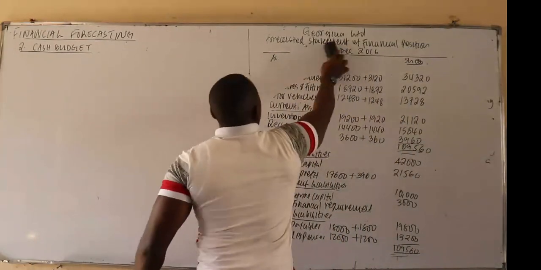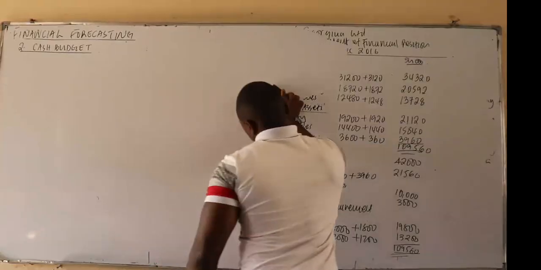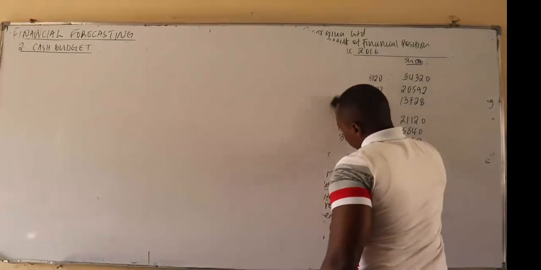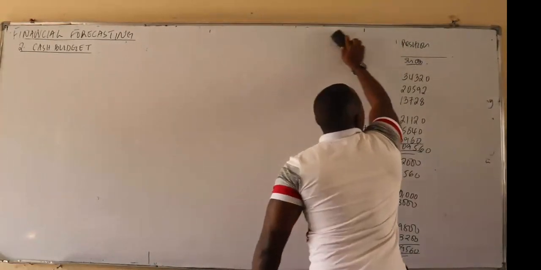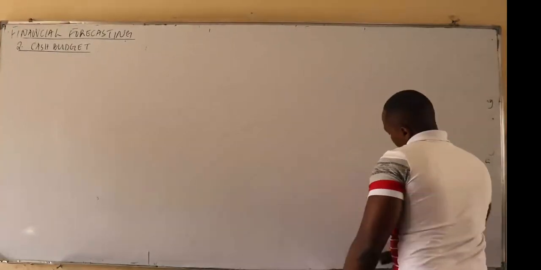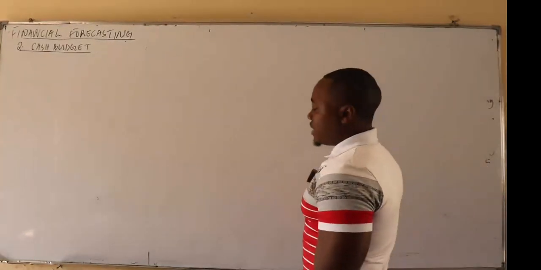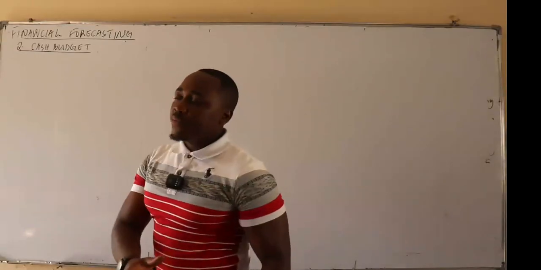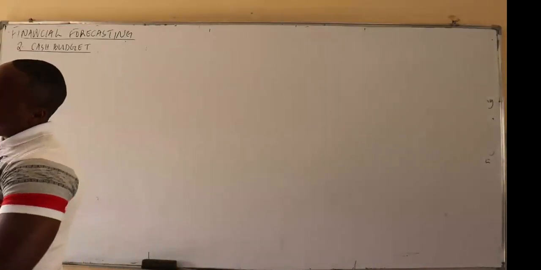That's what we call a cash budget. It's a statement showing expected inflow and expected outflow: how you're going to get cash and how you're going to utilize that cash within a given period.